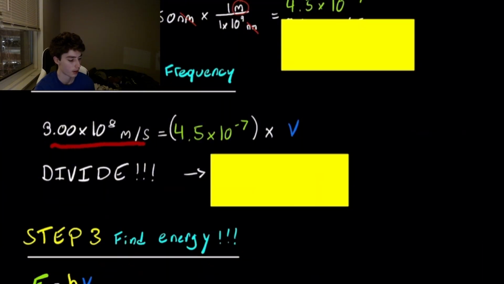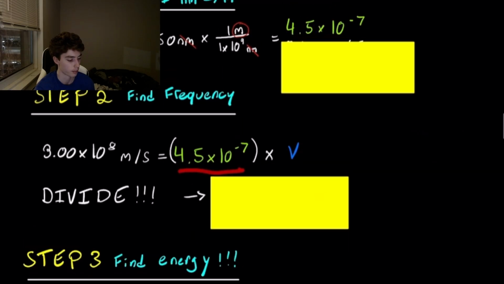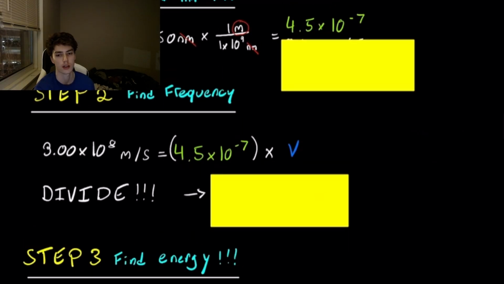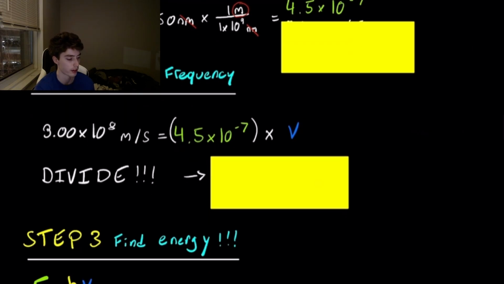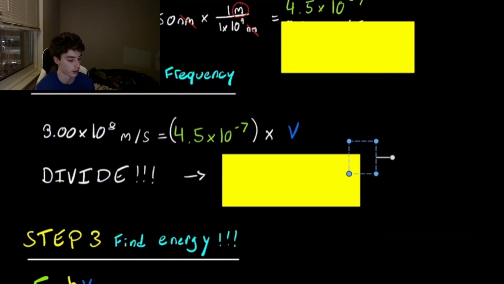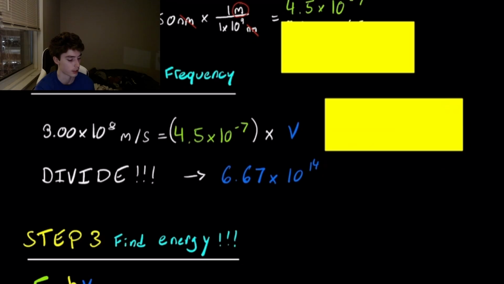We're just going to divide by our wavelength in meters to find the frequency. Super simple, we just have to work backwards a little bit. If we divide 3.0 times 10 to the 8th meters per second by 4.5 times 10 to the negative 7th, we get our frequency, which should be 6.67 times 10 to the 14th. Boom, now we have our frequency.